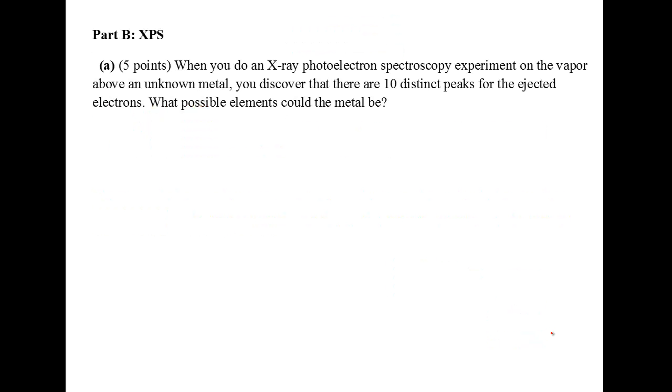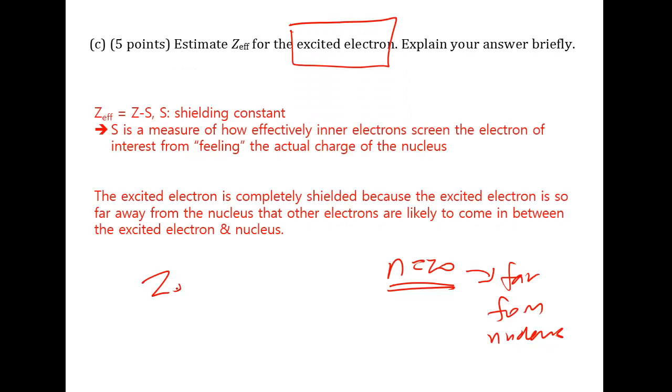So Z effective would be the charge of the boron atom, which is 5, minus 4, which is the number of inner electrons. So it will be equal to 1.